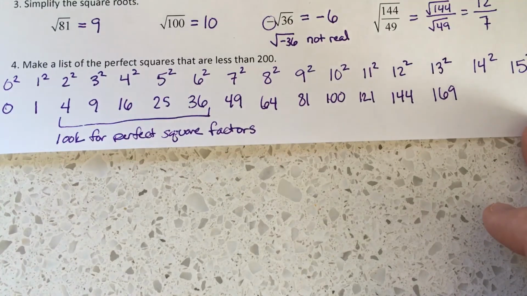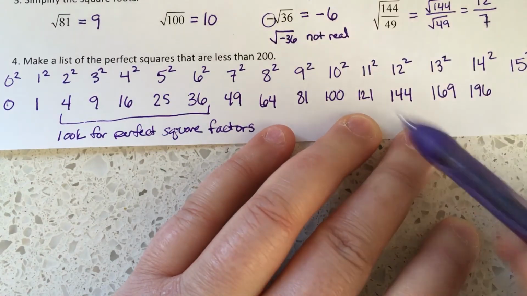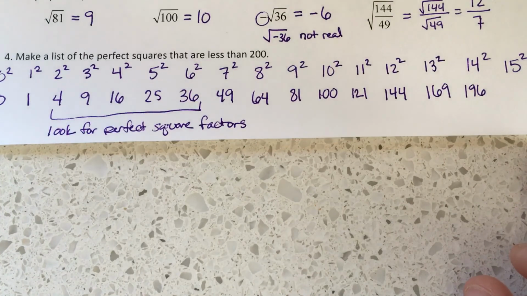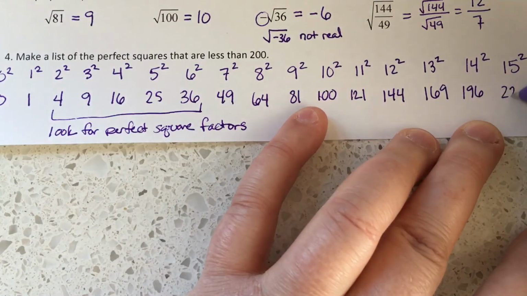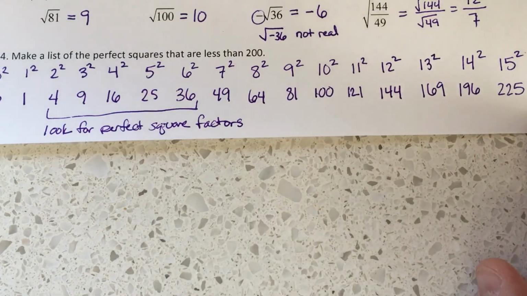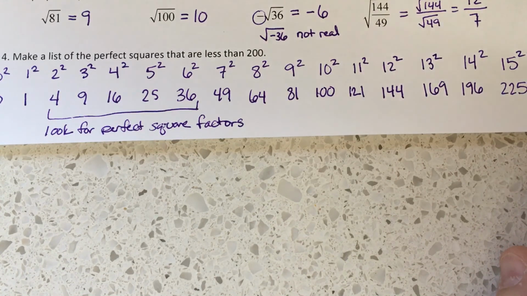Did anyone figure out what 14 squared is? It's 196. Oh, so we got to our 200. I went out to 15 squared though, so let's make sure we have that on our list too. That's 225. Beyond that, I do not expect you to have any of the rest memorized. I mean, 20 squared is 400. I guess that's not too hard, but I don't know what 17 squared is off the top of my head either.